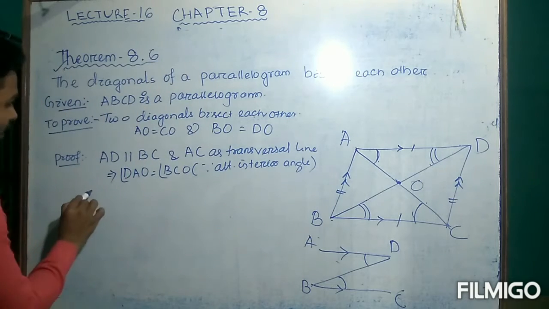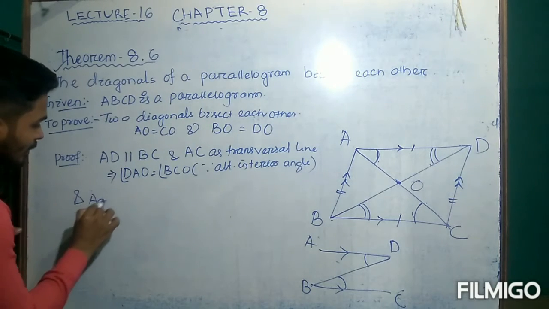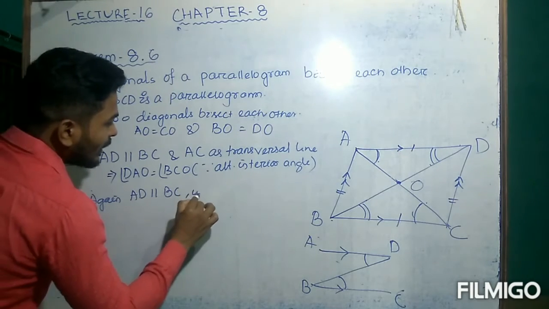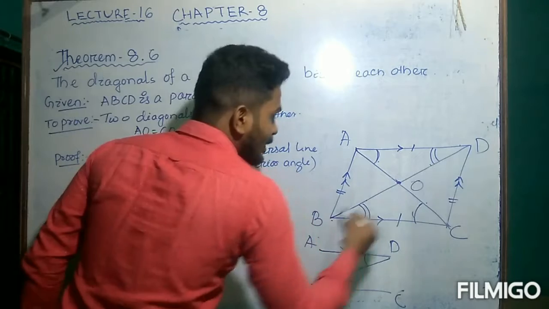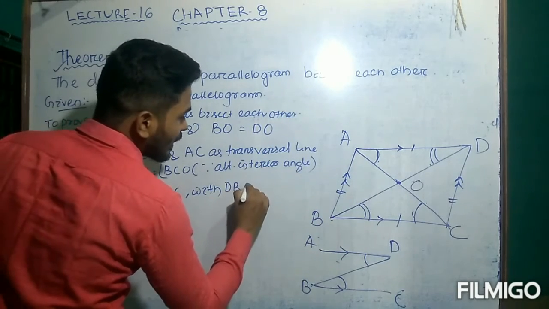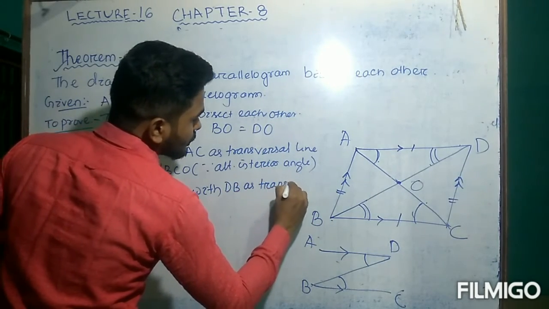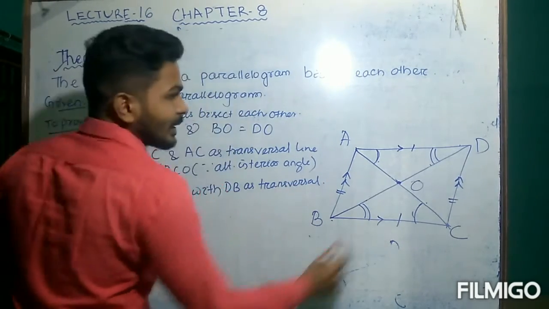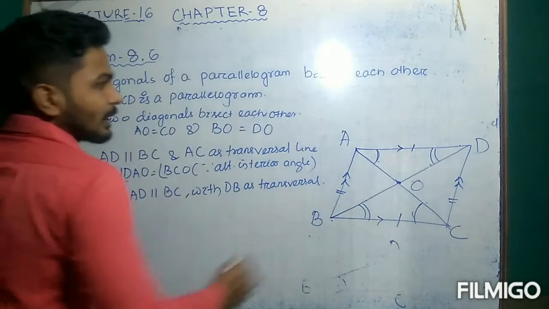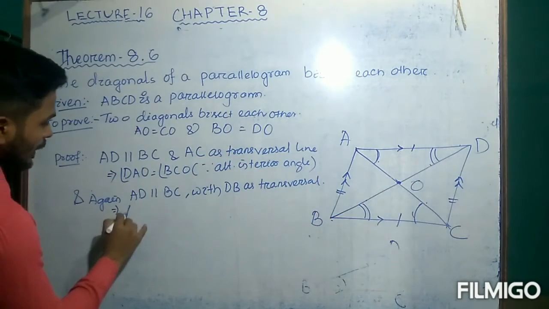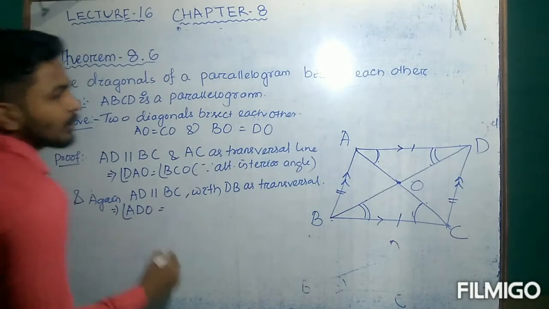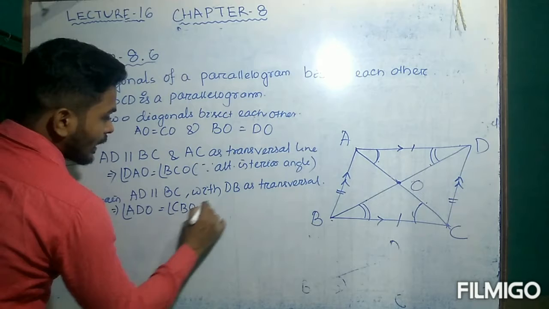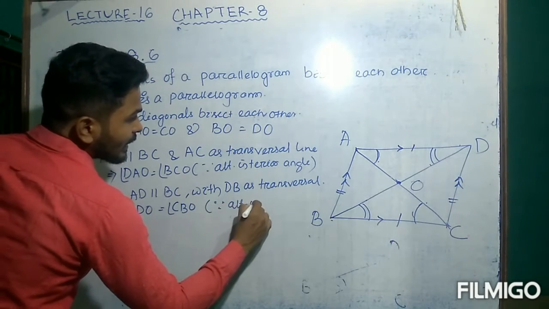So similarly, we can write AD parallel to BC with DB as transversal. So this angle is equal to this angle, angle ADO is equal to angle CBO, because they are alternate interior angles.